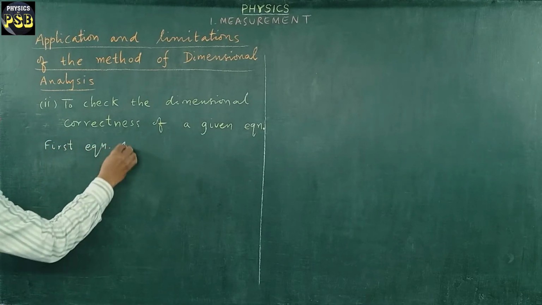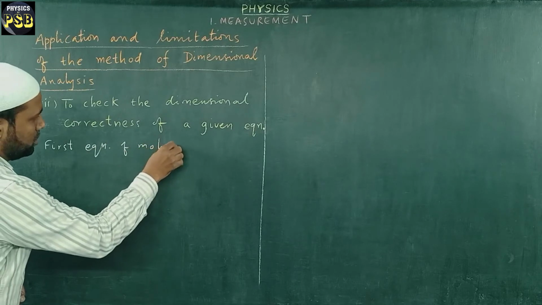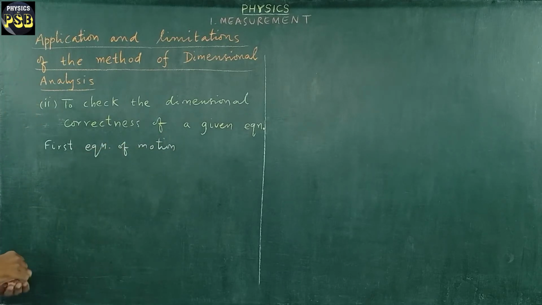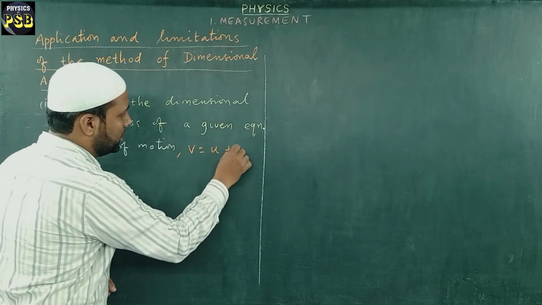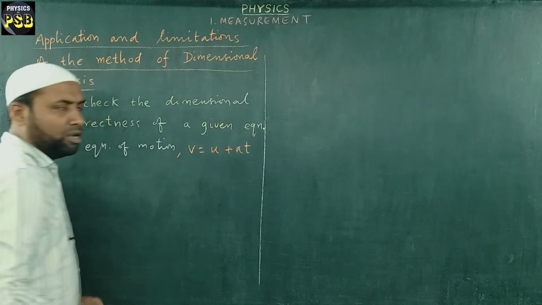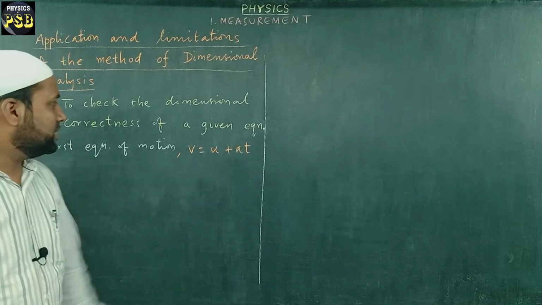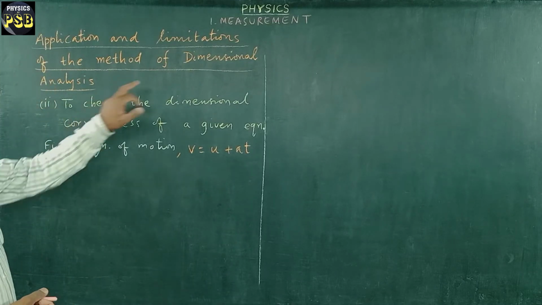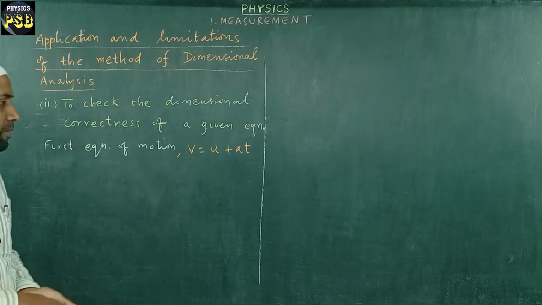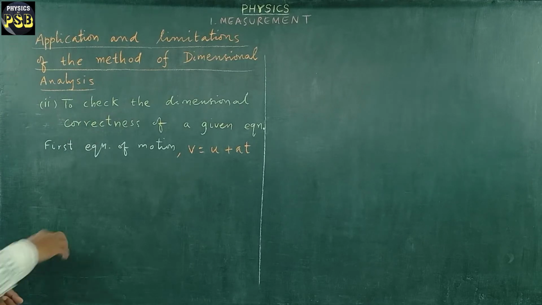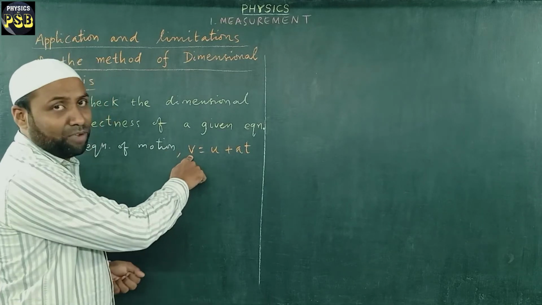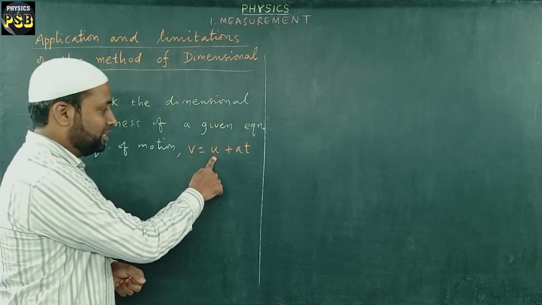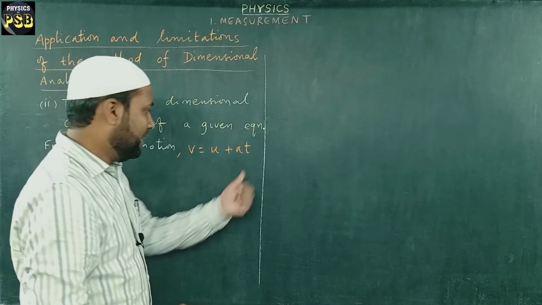V equals to U plus AT. Now I'll check whether this equation is dimensionally correct or not using dimensional analysis method. Before getting into that, we must know the dimension of the terms used here. Here V stands for final velocity, U stands for initial velocity, A stands for acceleration and T stands for time.